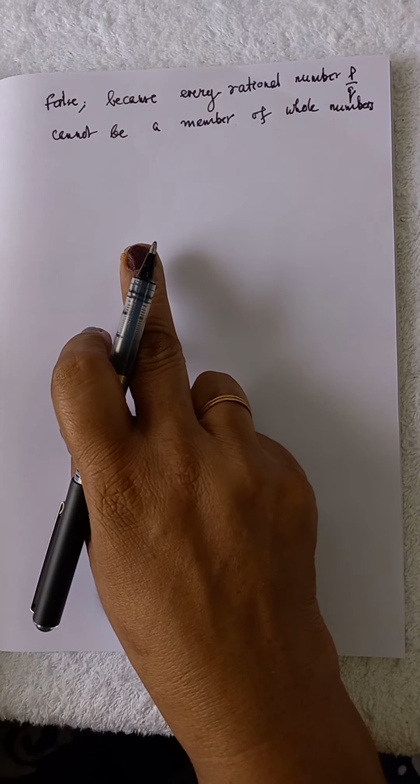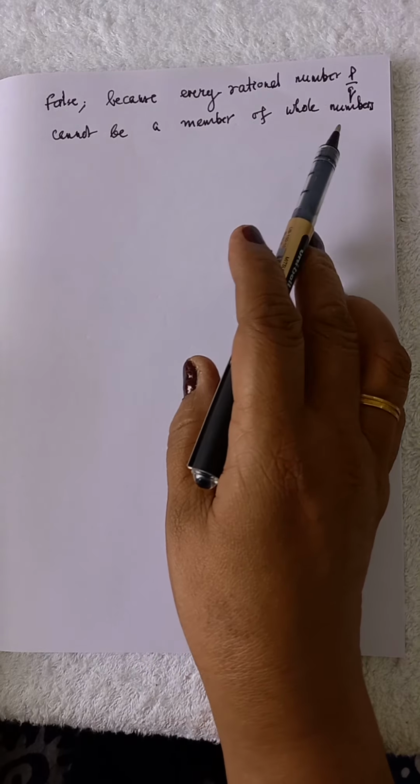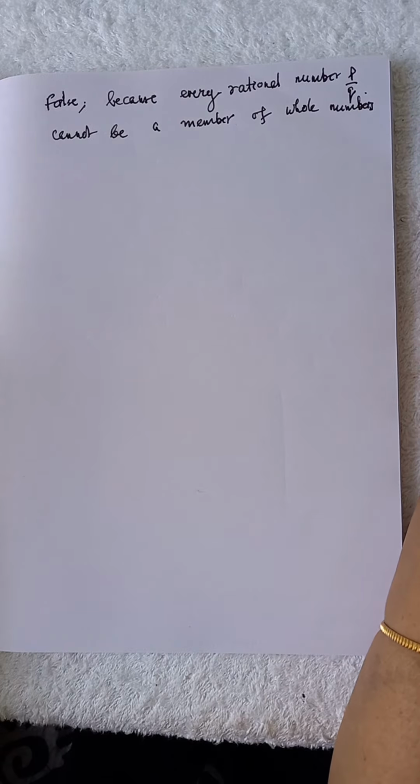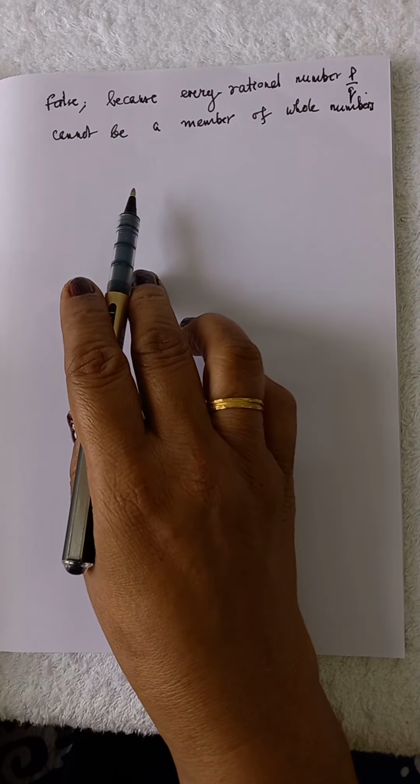So we can write the answer as false because every rational number P by Q, where P and Q are integers and Q not equal to 0, cannot be a member of whole numbers.